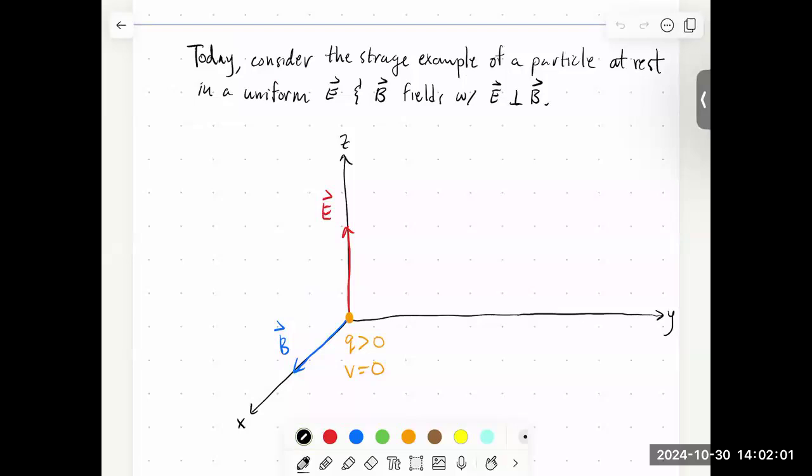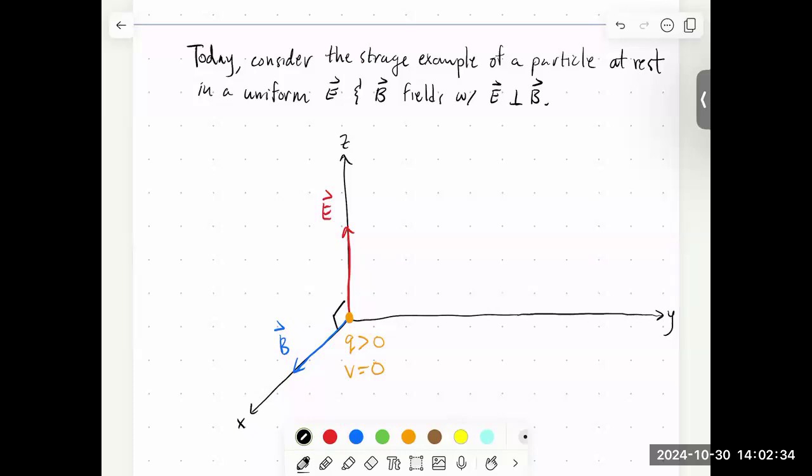And the region of space that this charge lives in has a constant electric field along the z-axis, and then perpendicular to that, we have a magnetic field along the x-axis. Now, I've drawn only one electric field vector and only one magnetic field vector, but what I'm imagining is that these electric and magnetic fields are uniform throughout this entire space, okay?